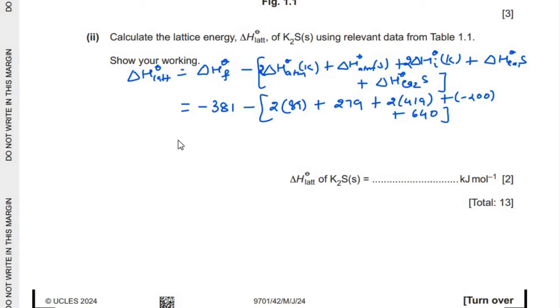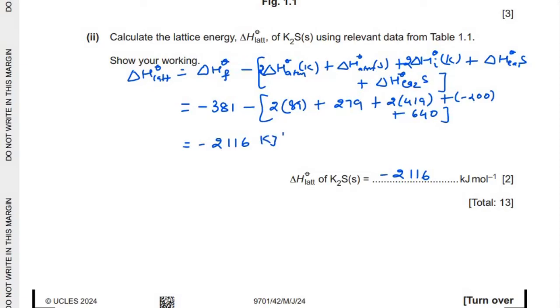The atomization of sulfur, that is 279. The first ionization energy of potassium is 419, again that has to be multiplied by 2 because we have used 2 potassium ions. The first electron affinity of sulfur is minus 200, the second electron affinity of sulfur is plus 640. So that's the substitution of all the values, and the answer is minus 2116, and that is in kilojoules per mole. So let's substitute that here.